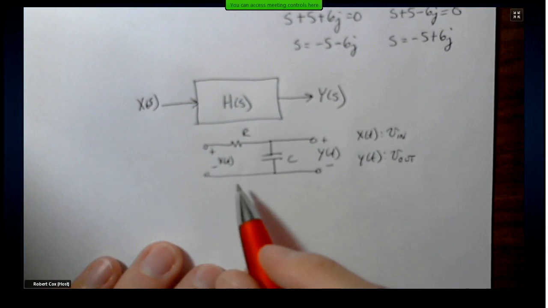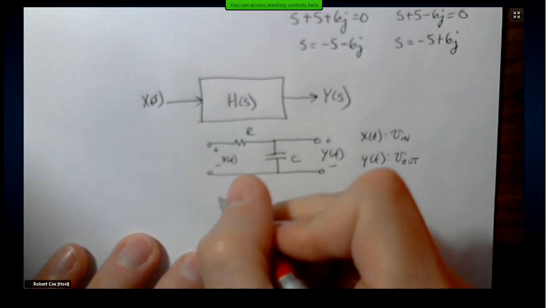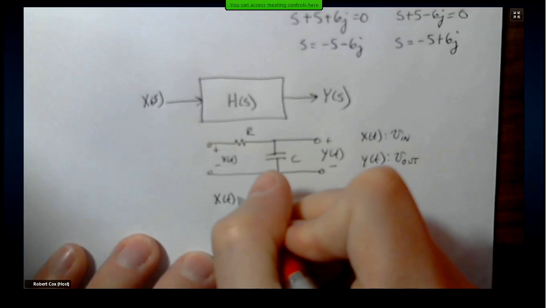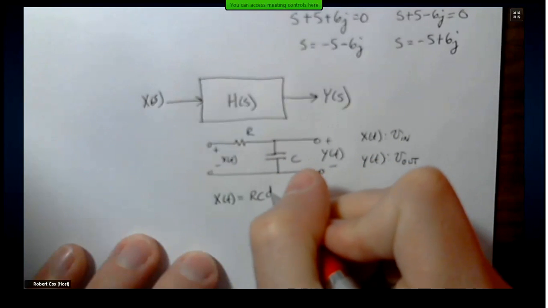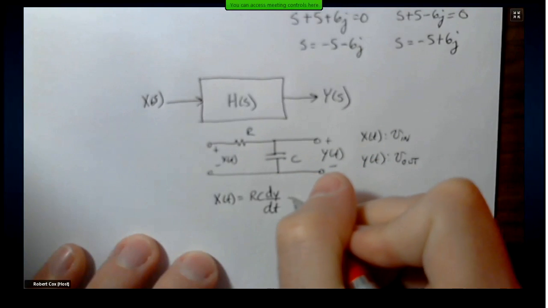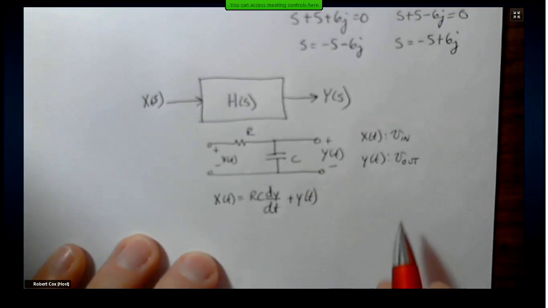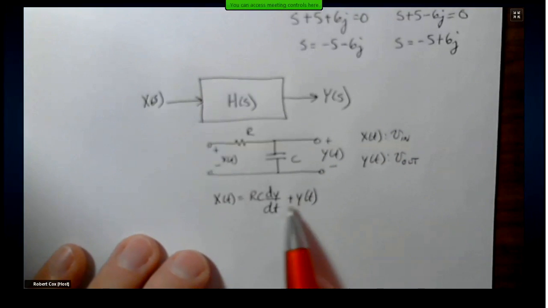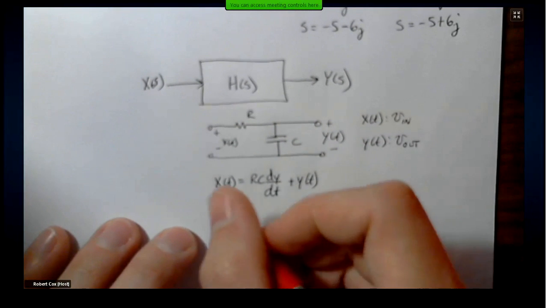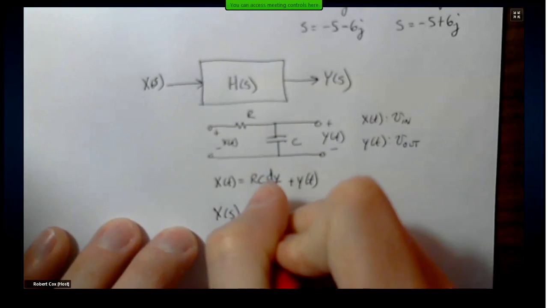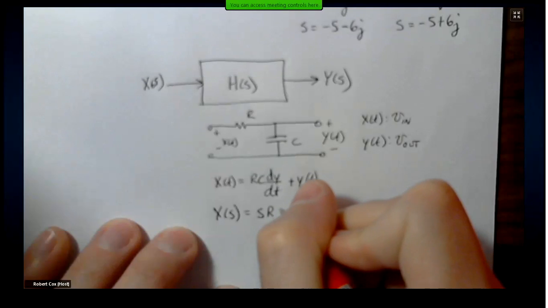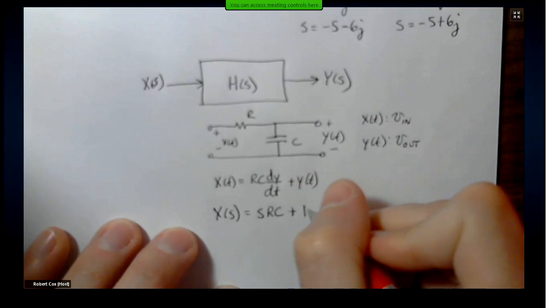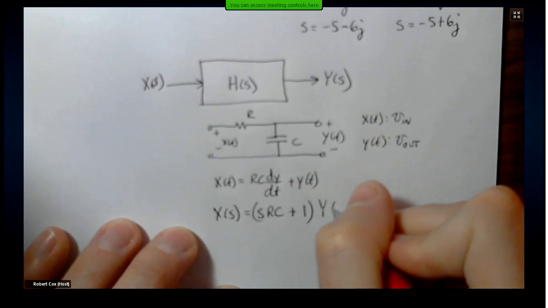The way I can write that transfer function is I can say x of t equals RC dy dt plus y of t. Again, if I remember that x of t is V in and y of t is V out, this basically came from KVL. So by Laplace transform, I can say x of s equals sRC plus 1 times y of s.